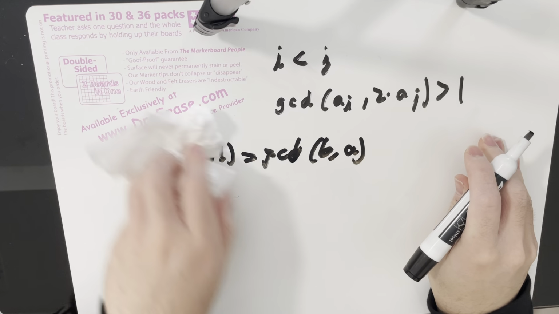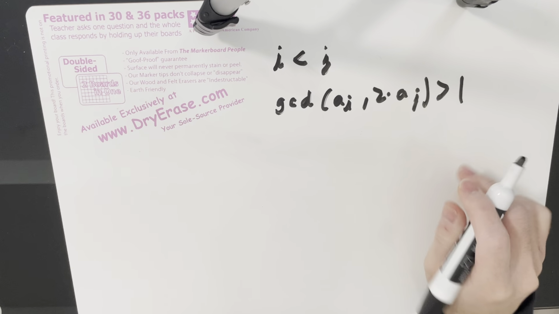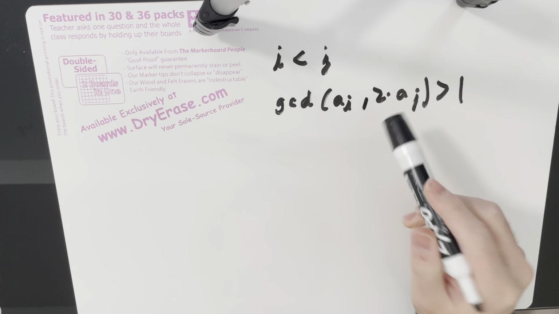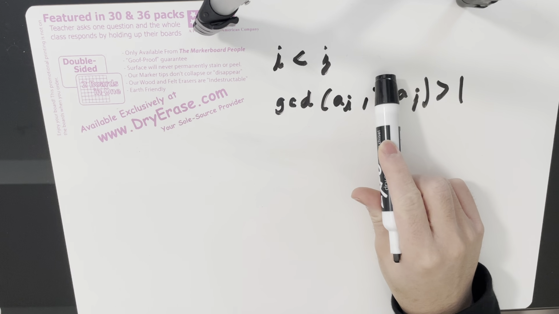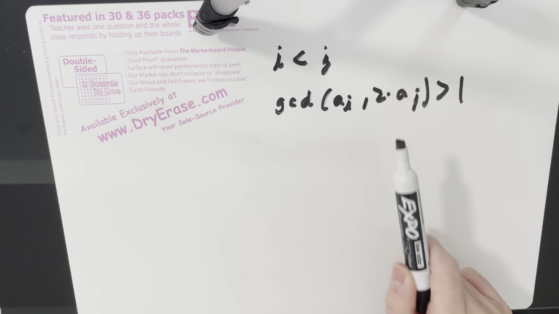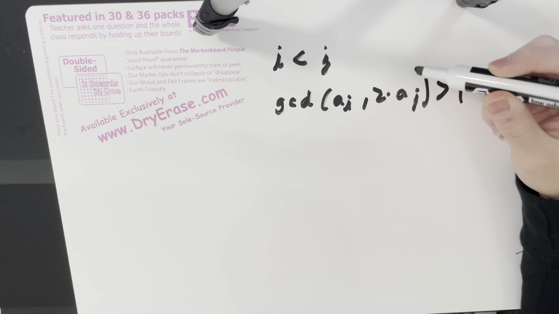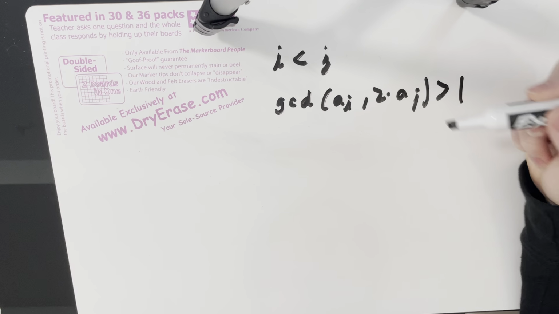So if a problem was to simply count how many pairs of GCD of A_i and A_j existed, then we could literally just print any permutation of the initial input, and that would be a correct answer, because the number of pairs that exist doesn't change. All they can do is get rearranged. But in this case, we have this condition of multiplying by 2.